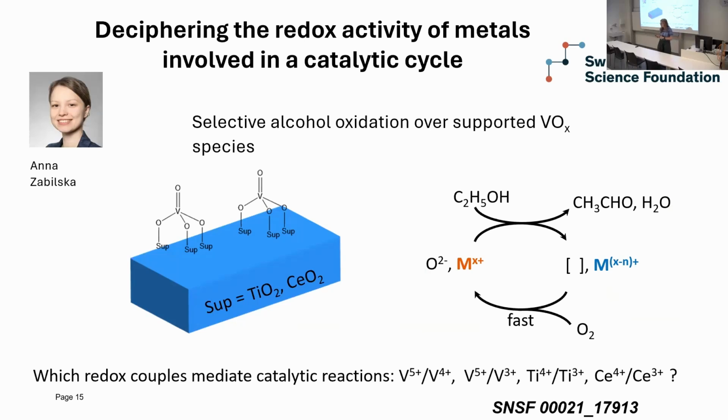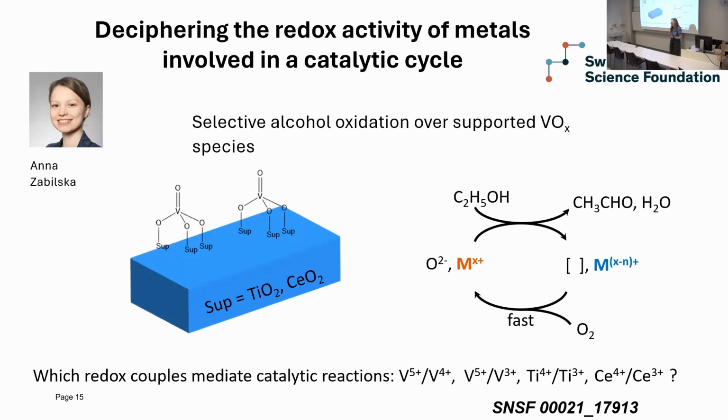In this project with Anna, who was our PhD student, we looked at the reaction of selective oxidation of ethanol into acetaldehyde on vanadium-based catalysts, which were promoted by titania and ceria supports.